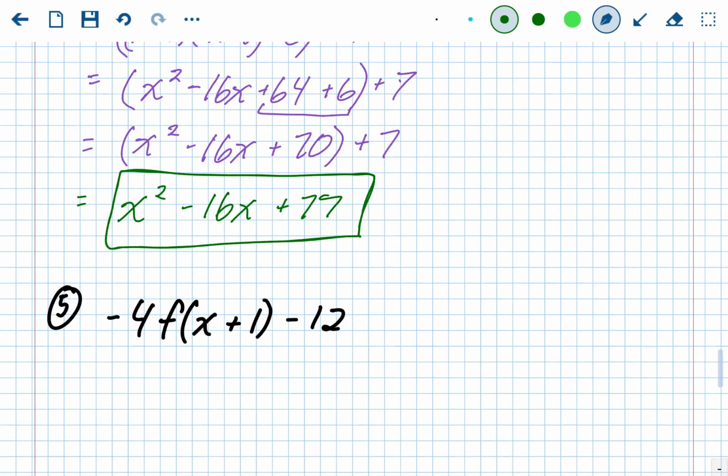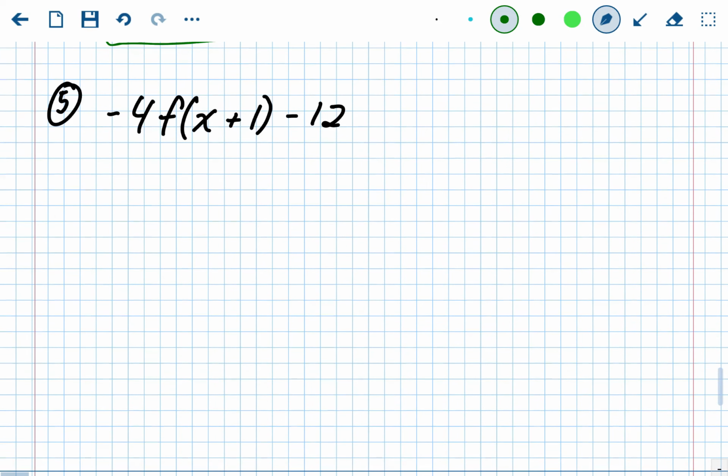Alright, and the last one, of course, is the longest. This one has all 4 possible transformations. The negative sign out front is going to reflect it. We'll start on the inside. The plus 1 is going to move your graph left 1 unit.